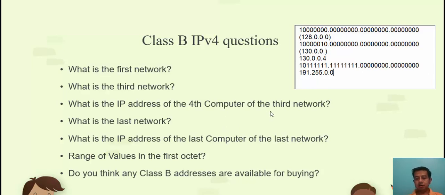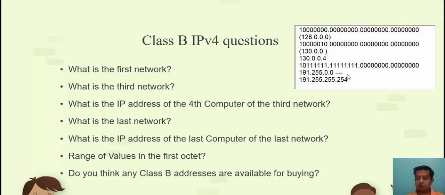So the last organization who would have bought a class B IP address would have got this IP address, 191.255.0.0. What is the IP address of the last computer of the network? The first computer would have an IP address 191.255.0.1, then .2, .3 like that, and finally the last computer would be 191.255.255.254.